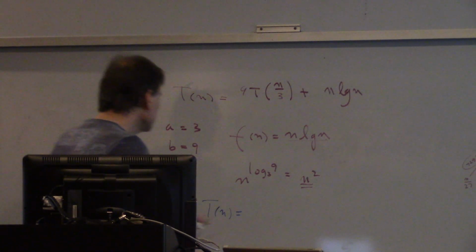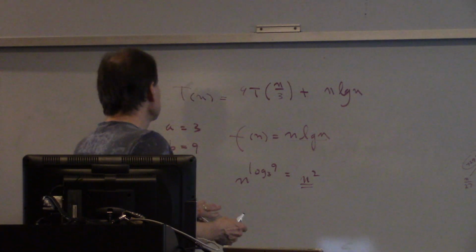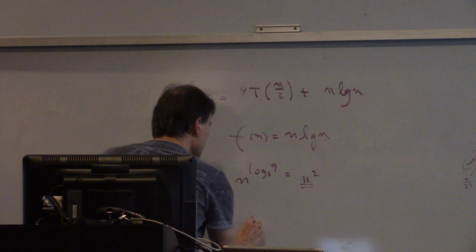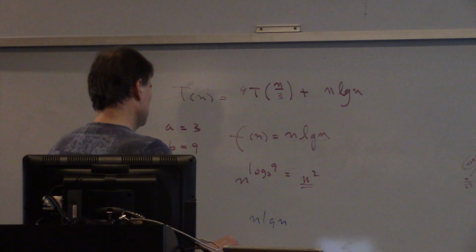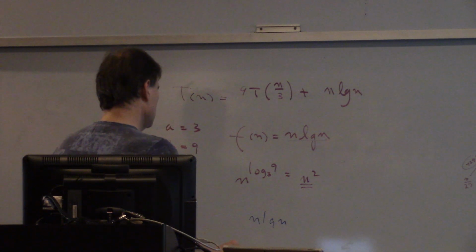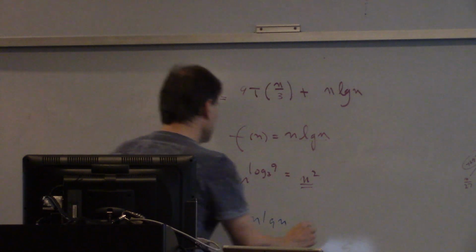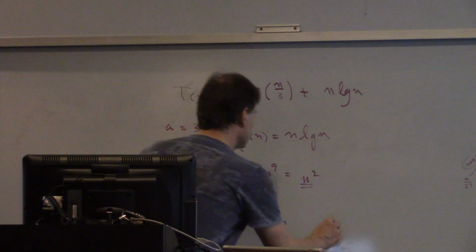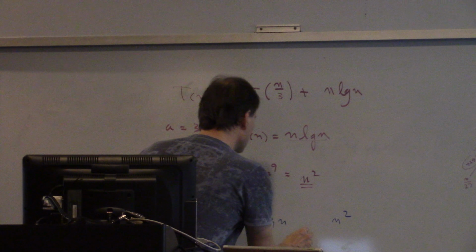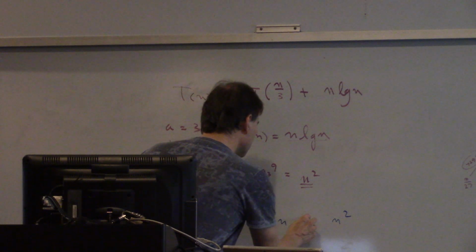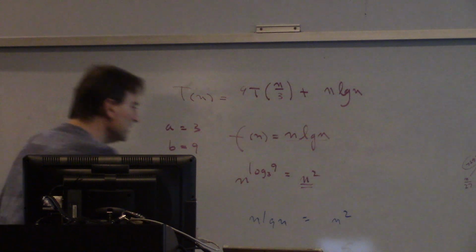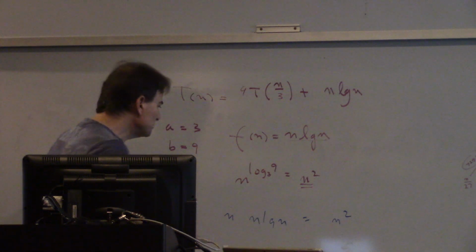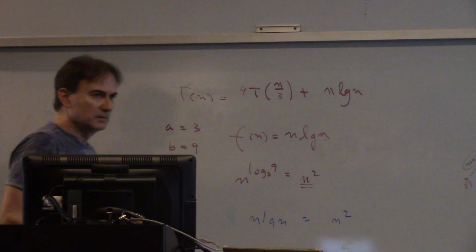So let's compare, let's find the epsilon. We have f of n is n lg n, and then we're going to have n squared. Now, we want to basically set this up for equality. Can we set it up for equality? Which one is growing more quickly right now, the right or left side?